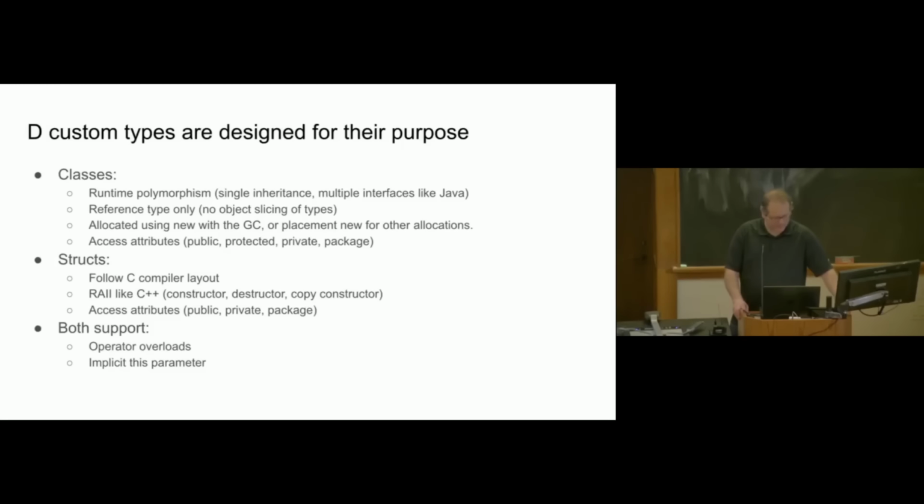RAII is supported, and both of them support operator overloads and an implicit this parameter, in contrast to something like Python, where you have to declare the self parameter. And one thing to note here is that private is private to the module and not to the class or struct. That catches people a little bit, but it's a philosophical decision that we usually like. You get used to it.